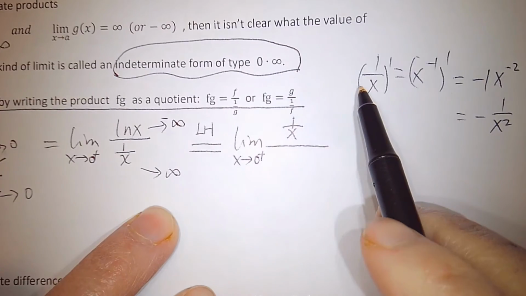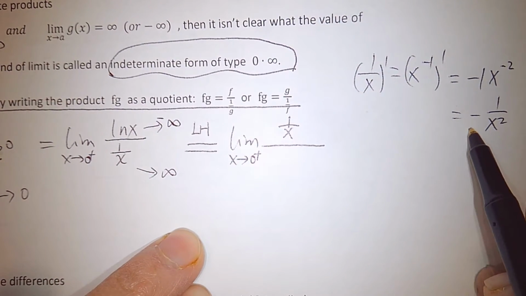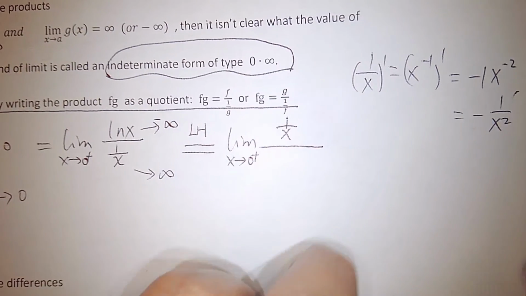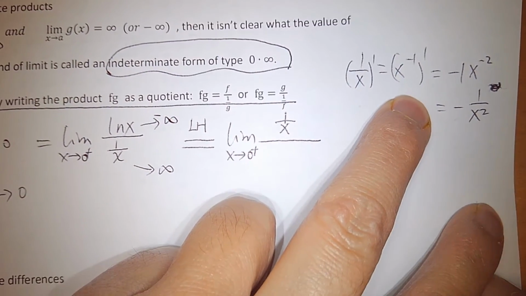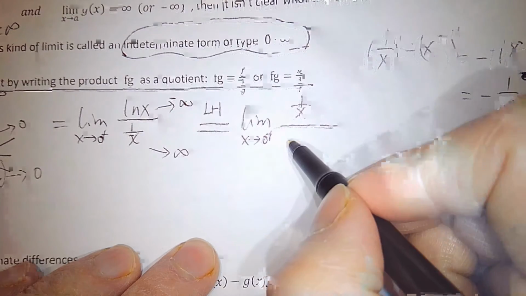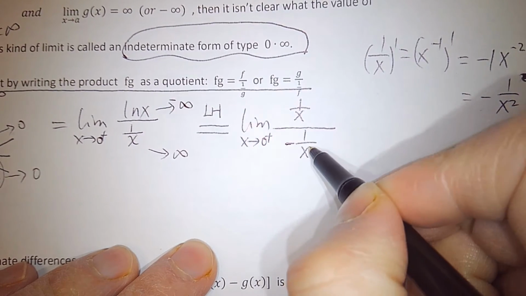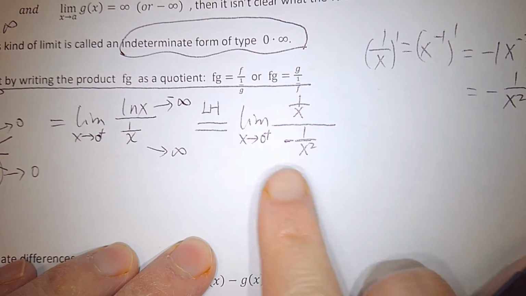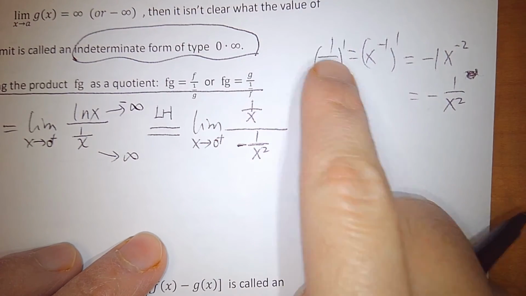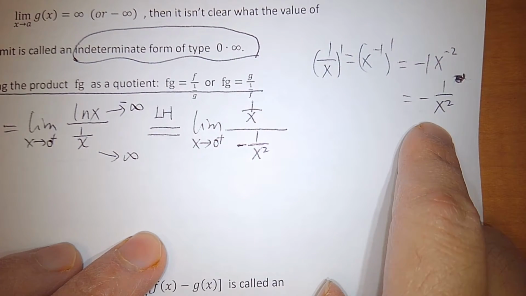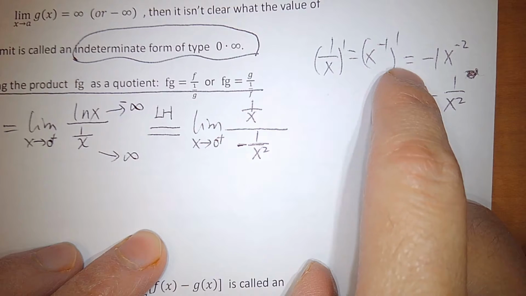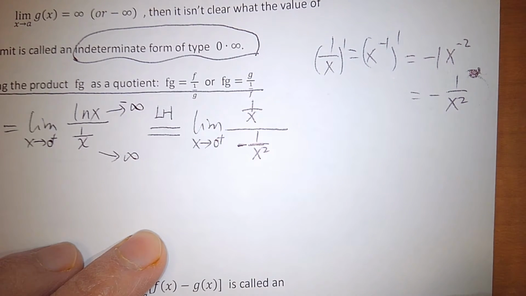So I want you guys to memorize that the derivative of 1 over x equals negative 1 over x squared in the future, okay? Is that on the test? Well, you can write it down on a formula sheet if you cannot memorize this. The derivative of 1 over x equals negative 1 over x squared. Write it on the formula sheet, or every time you have to derive it.